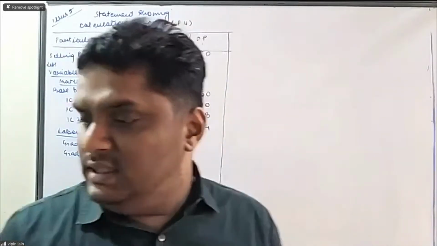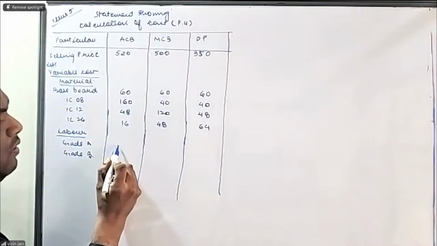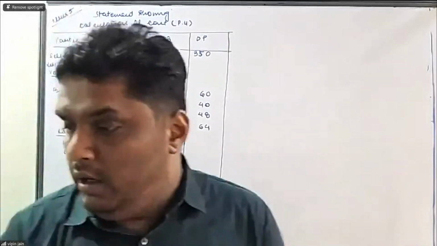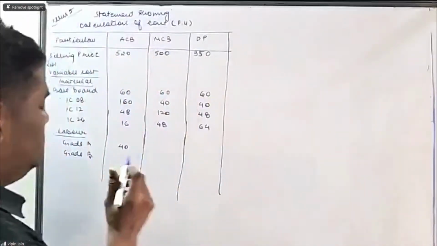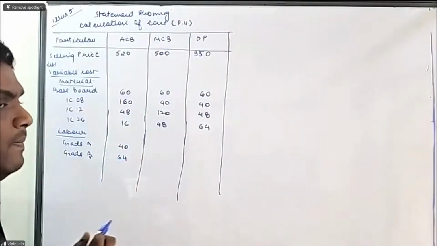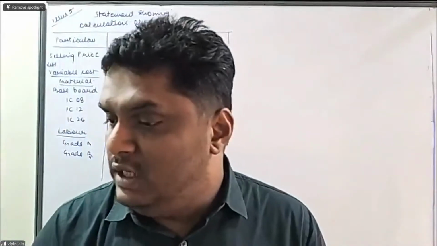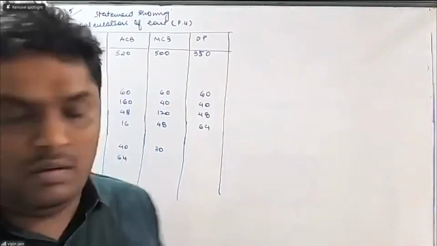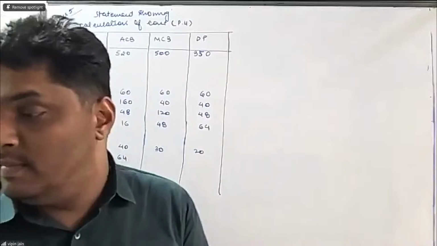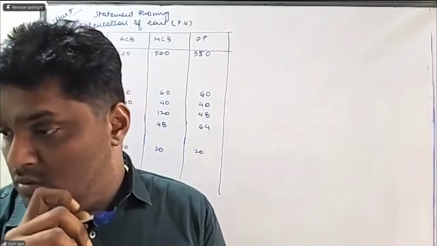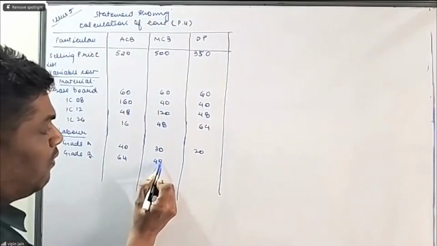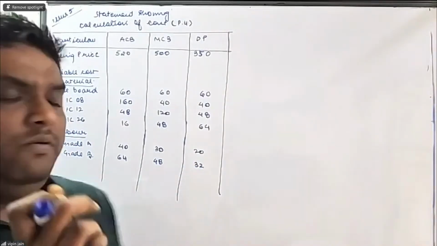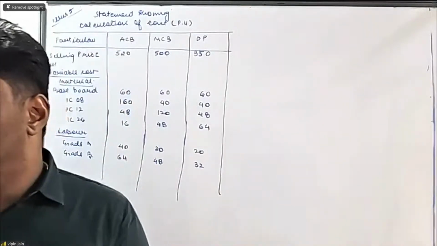So 8 and 16. 8 5s are 40 and 16 4s are 64. Similarly, 6 and 12. So 40, 20 and 64, 48 and 32.